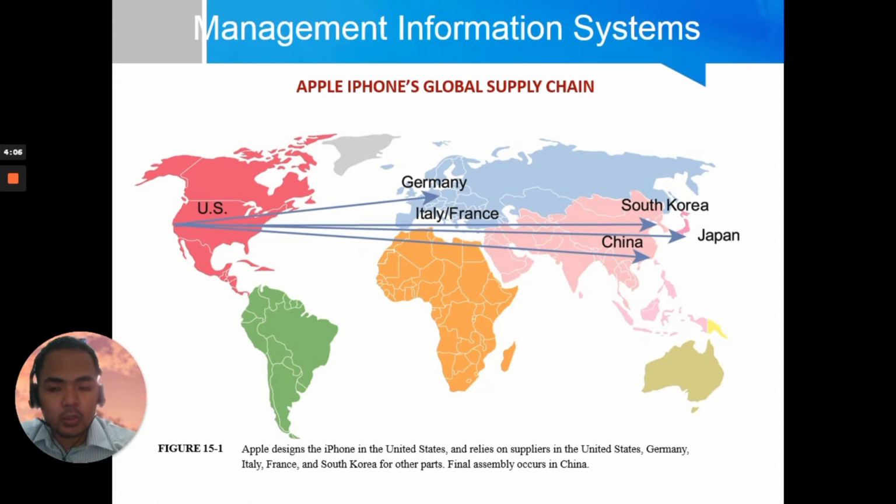In order to build that iPhone, it will be assembled in China. So, there are different suppliers involved just to make an iPhone. There should be constant communication between these countries so that certain parts will be delivered and assembled in time. Okay, next.